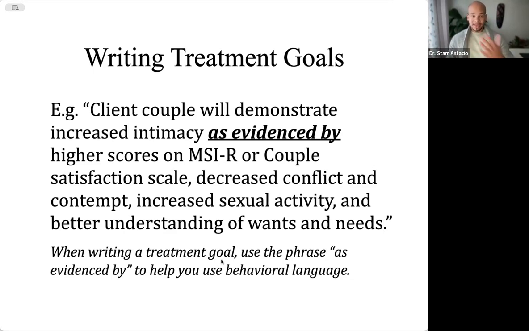I'm in private practice. I still use "as evidenced by" because it provides me a clear vision of where the client is at, and then I can state that to the client. For example, I would say, hey, we did this PHQ-9 last month, and this is where you are this month.